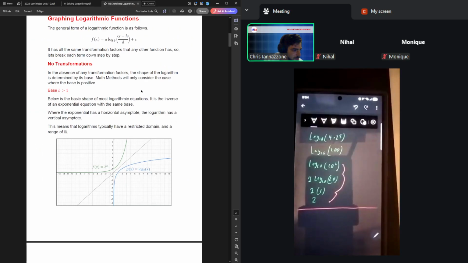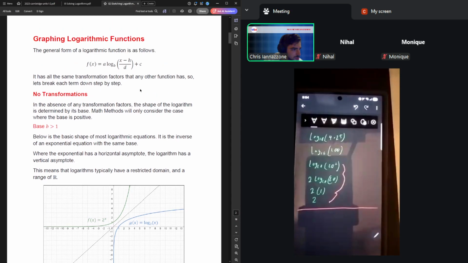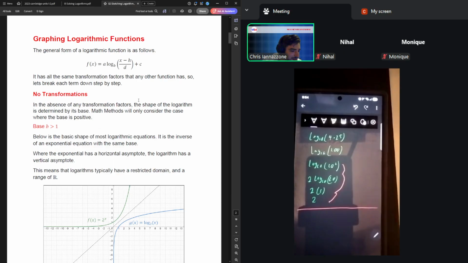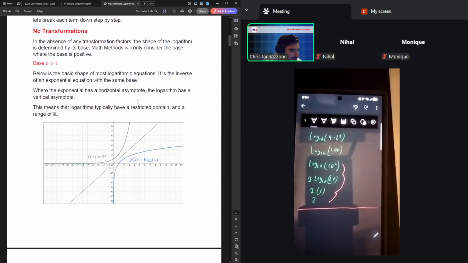Okay, so when it comes to sketching logarithms, just like with exponentials, how the base played a role in the shape of the exponential, based on 2 key possibilities for it, so too does the base of the logarithm. So if we think about the basic exponential, base greater than 1, that will result in this logarithm.